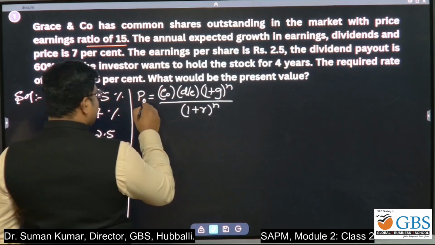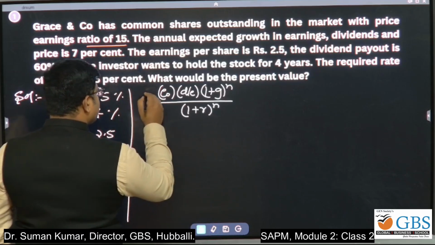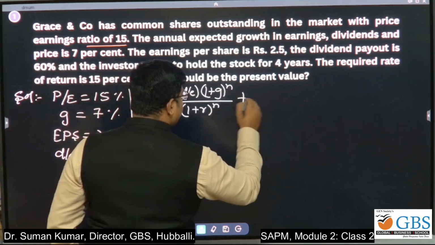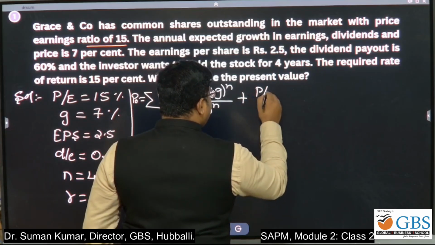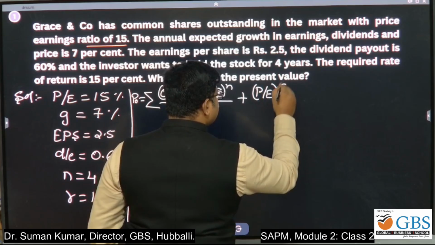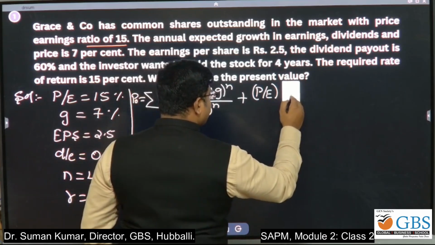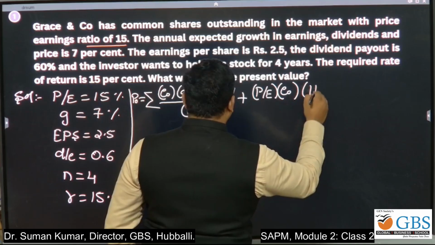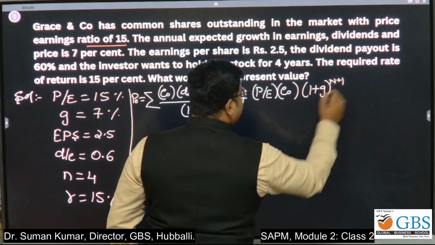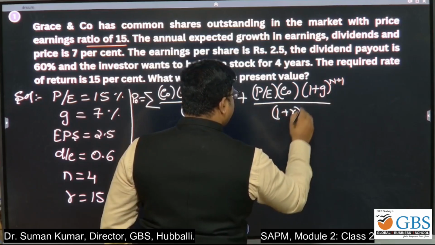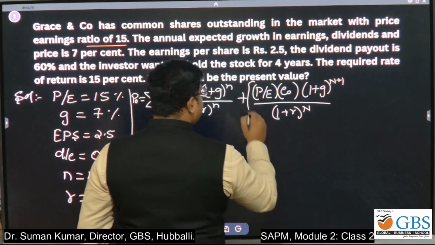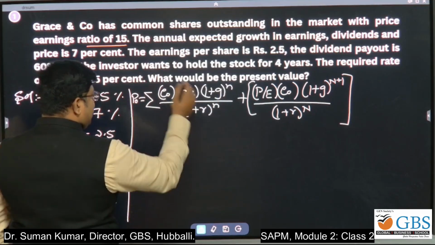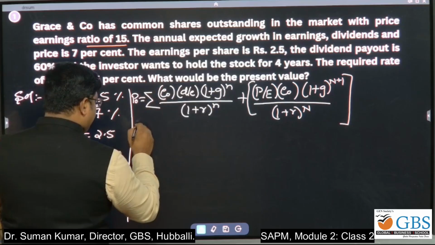You should not forget the summation, that is P naught is equal to plus P by E naught, 1 plus G raised to N plus 1 divided by 1 plus R raised to N. So this is a different part we need to consider, and this altogether the first part.